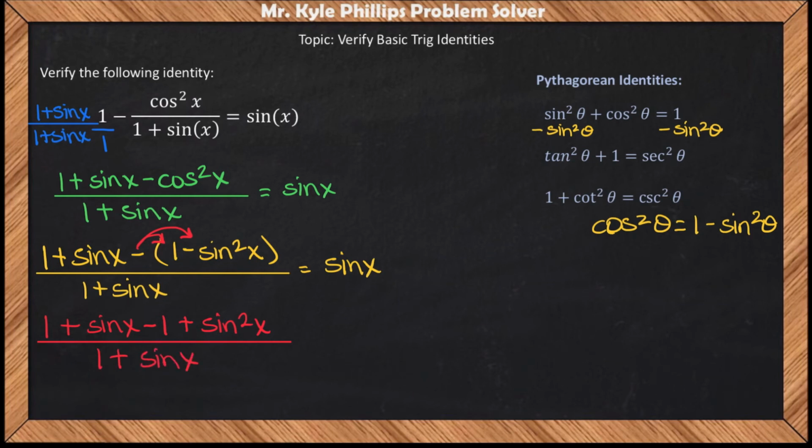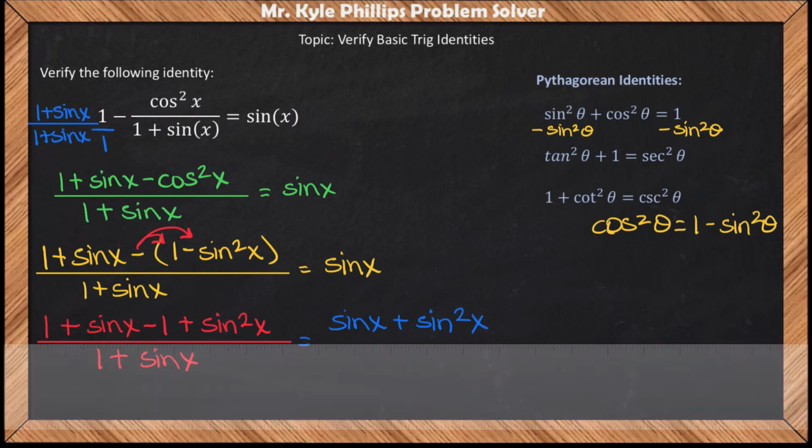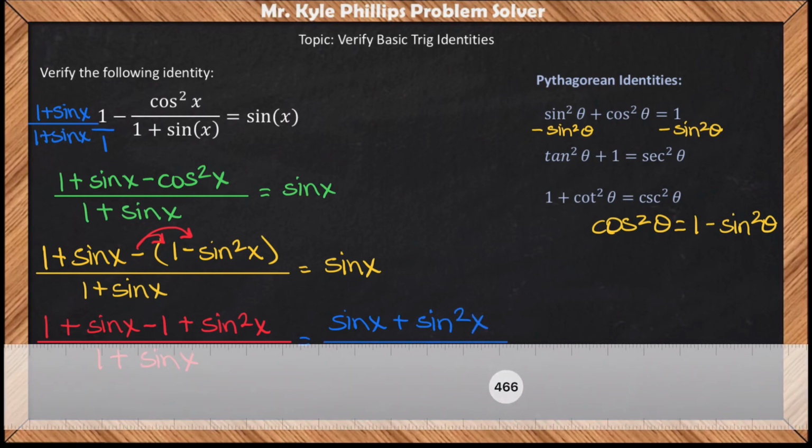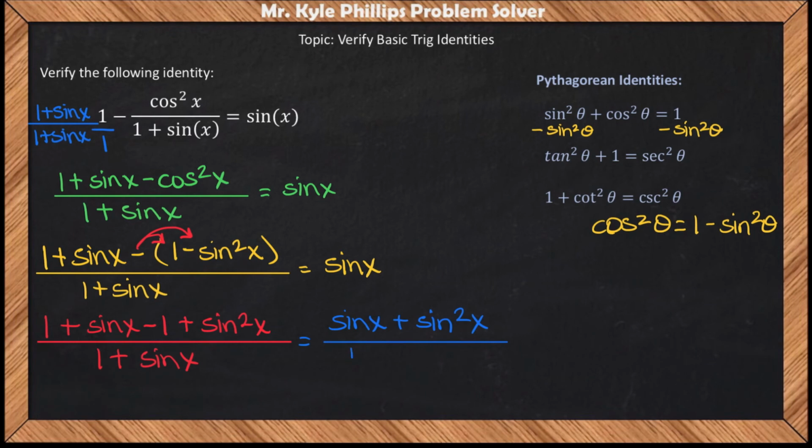Now here, what you should notice is that these 1's are going to cancel. So what you're left with is sine x plus sine squared. So here we have sine of x plus sine squared of x, and this is all going to be over 1 plus sine of x.